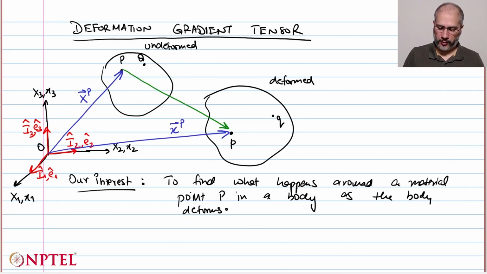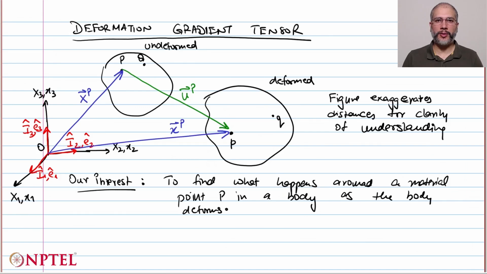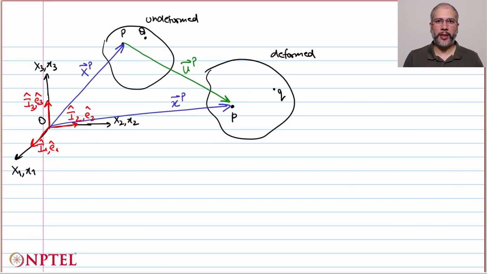And this green vector, of course, is our displacement vector for the material particle P. Now this is just one point P. But if I have the information about what's happening in the neighborhood of each and every material point, then I basically have the information about the deformation in the whole body. So since the relative position of Q with respect to P requires us to denote this vector, because as Q moves around P, the vector that we have just drawn will change.